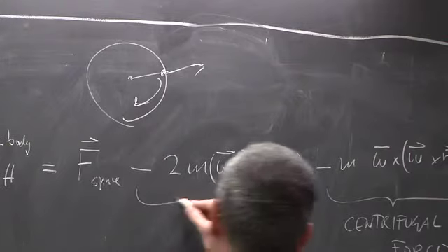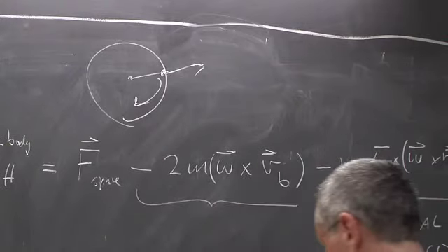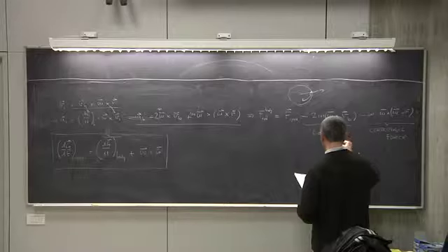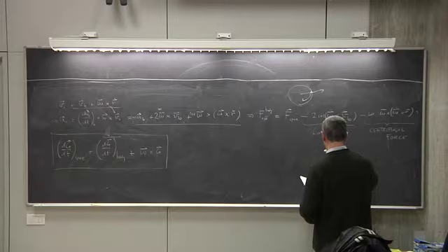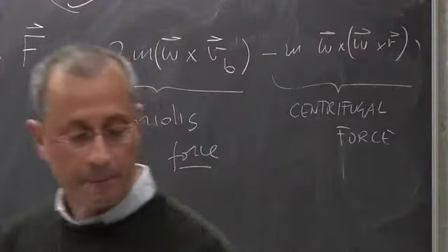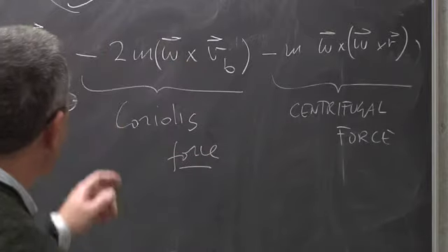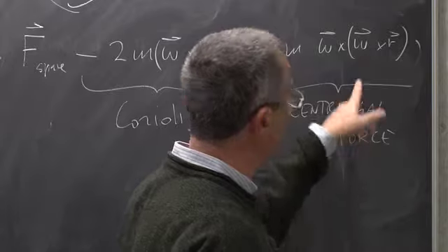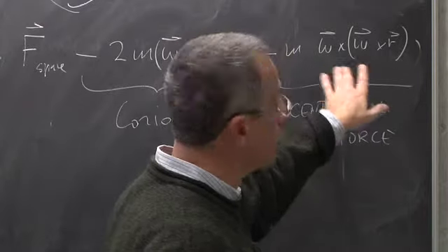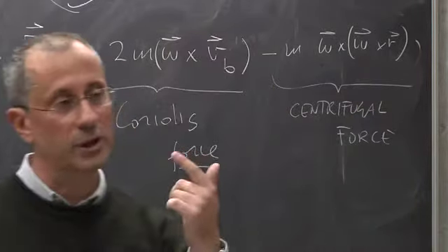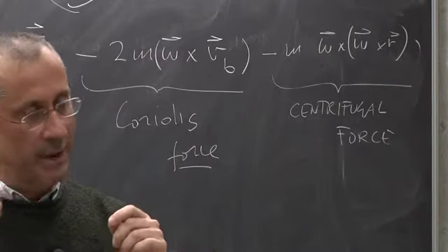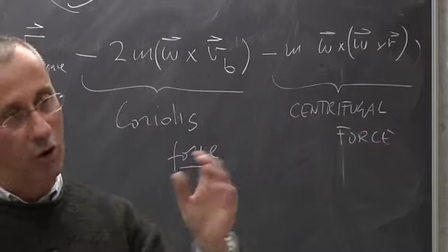This maybe you didn't, or maybe you did, I don't know. This is called the Coriolis, another French guy, force or effect. This is a little less trivial in the sense, you see, this tells you that the centrifugal force is clearly proportional to the angular velocity, in fact, to the square of the angular velocity. So the faster the merry-go-round turns, the stronger is this force.